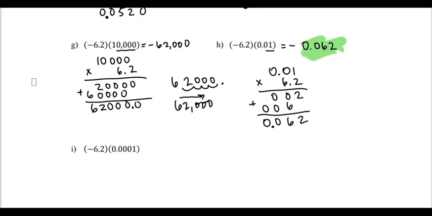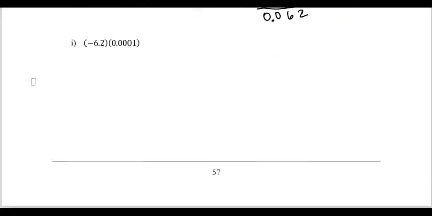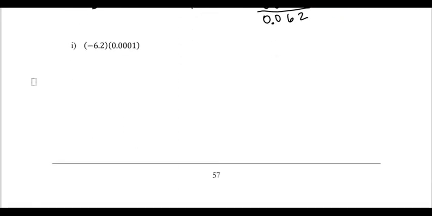All right, and real quickly, the last one is negative 6.2 times 0.0001. So what I am going to write out without multiplying, because I know the rule, is that I would have to move the decimal point on 6.2, because in a way you're multiplying by a 1. There's really no multiplication going on there. 1 doesn't change much.